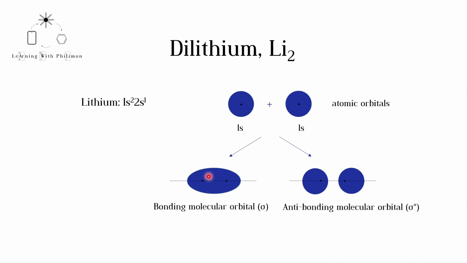Both positively charged nuclei are attracted to the electrons, which holds the nuclei together. This also lowers the energy of the bonding orbital compared to the individual atomic orbitals. The molecular orbital is called sigma because the atomic orbitals overlap along the internuclear axis. For more on this, please watch the video Molecular Orbitals, Sigma and Pi Bonding.